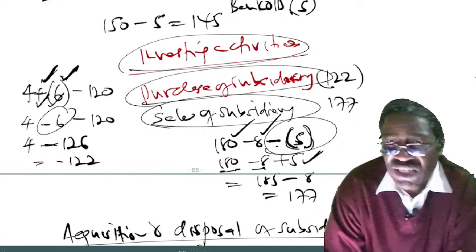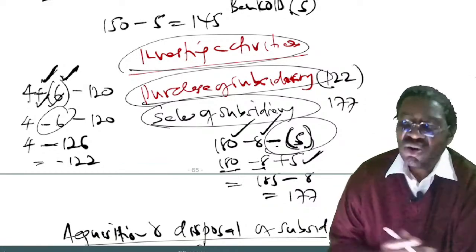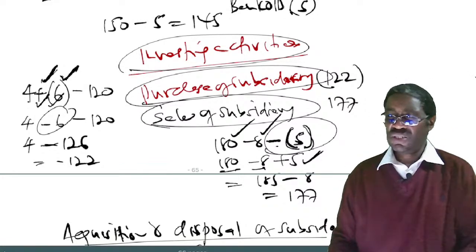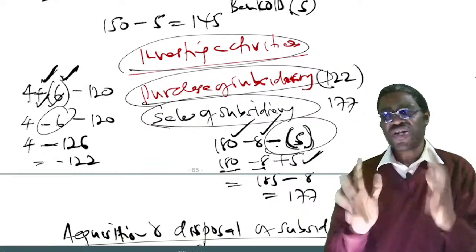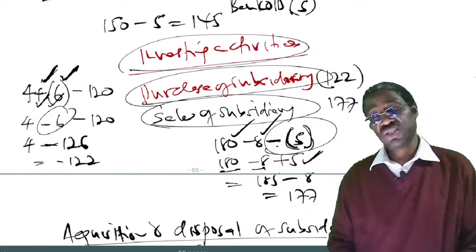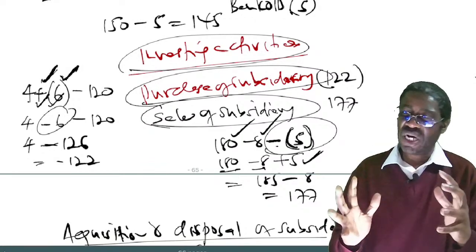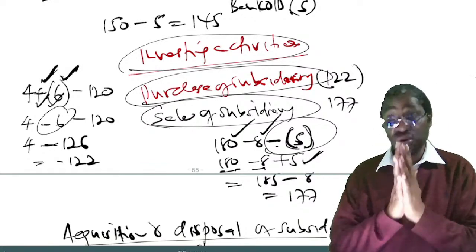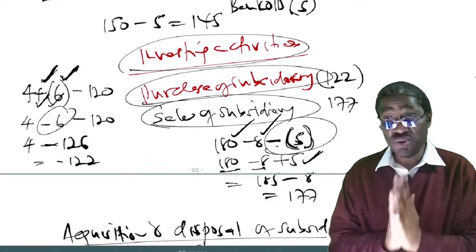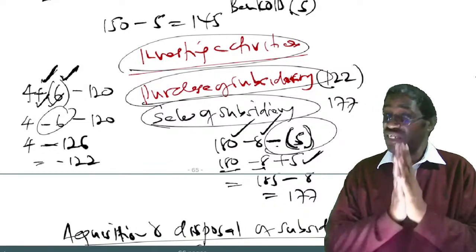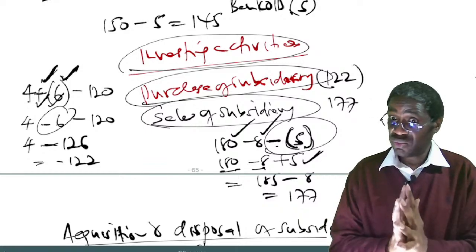Now listen. In principle, we are through with our discussion of how to prepare a cash flow statement for the group and for the individual companies. Ideally, we are through.